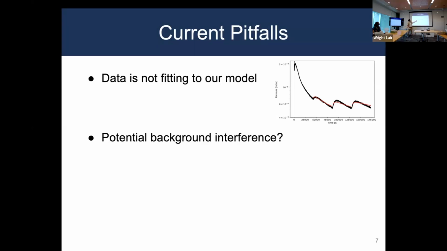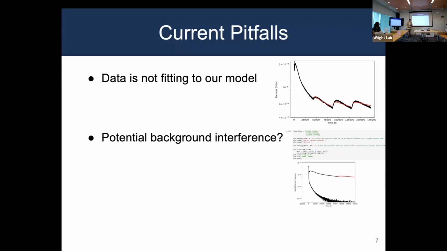So what we were thinking was maybe, as we're going down, we see this steep drop off. Maybe there's some kind of background in our chamber that we're not accounting for. And I looked into that, and our background is a lot smaller than our data.